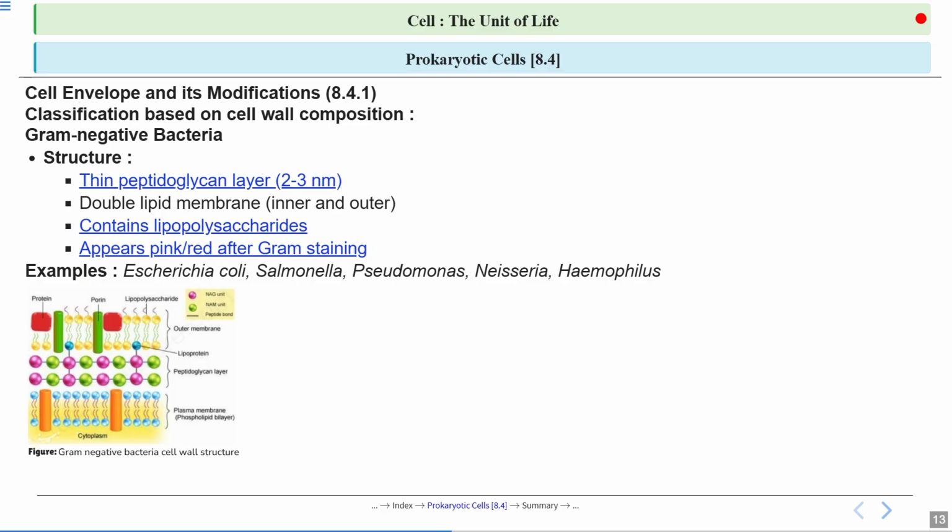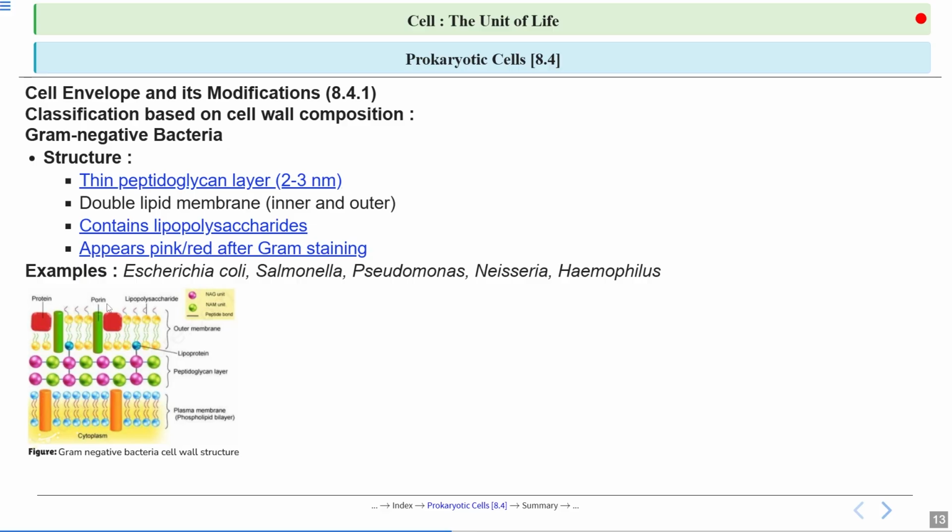You can see this image showing the cell wall of gram negative bacteria. Here you can see the plasma membrane. Then the cell wall is above the plasma membrane. The cell wall is made up of a thin peptidoglycan layer, and above the peptidoglycan layer there is a lipid layer.